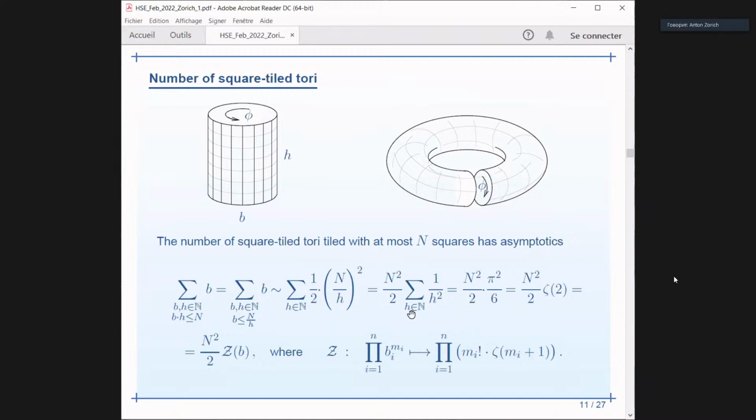You have a single variable b taken to the power of 1. Oh, you mean this thing? It's 1 factorial times zeta of 1 plus 1. I understand. Yeah, I just thought that b means multi-index. Yeah, that's fine.